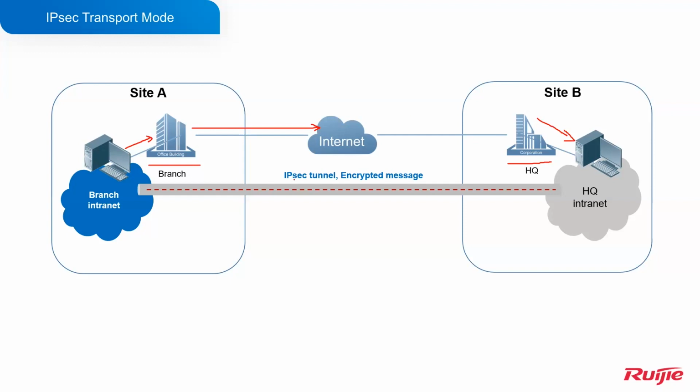So in this process, the headquarters and the branch network devices, maybe it's your EG, maybe it's your router, don't know any information about the IPSec VPN. So your terminal also must support having a public IP address, right? Because we don't add a new header. So this is transport mode.